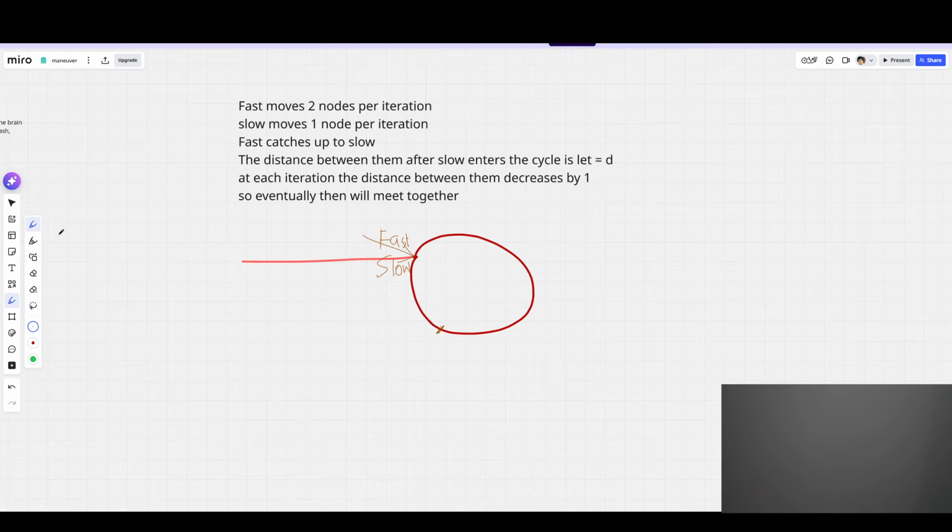Let's call this segment A, the straight portion, and the whole cycle C. The distance between the cycle's starting point and the point where fast and slow met for the first time, let's call that y.